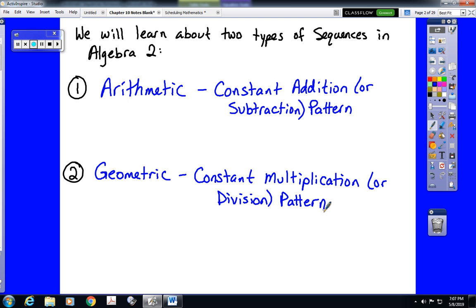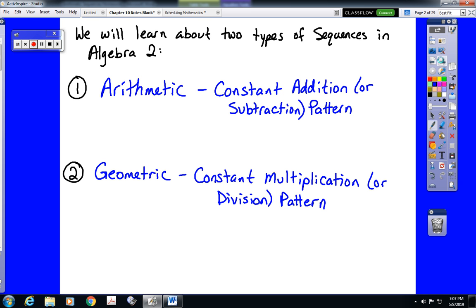So, these are the two types we're going to talk about. Arithmetic sequences have a constant addition or subtraction pattern, meaning we add or subtract the same amount every single time. And geometric sequences have a constant multiplication or division pattern, because we're multiplying by the same amount over and over again. In the case of division, we would be multiplying by a fraction.